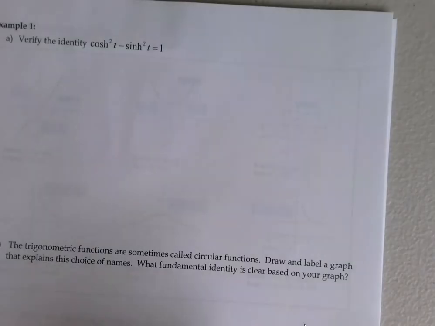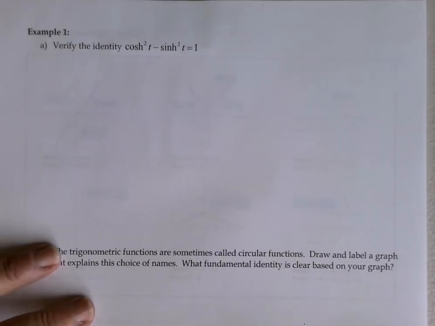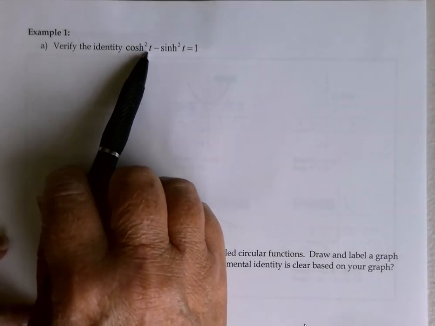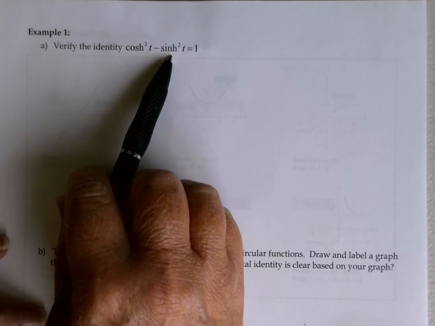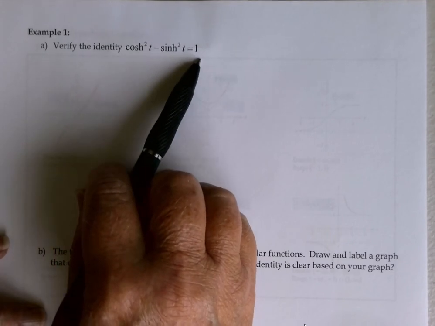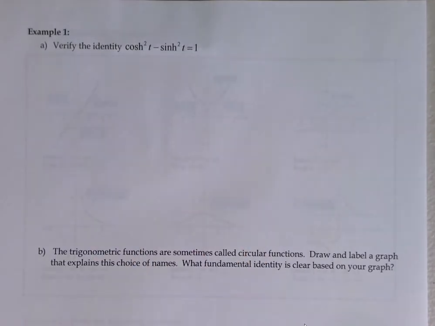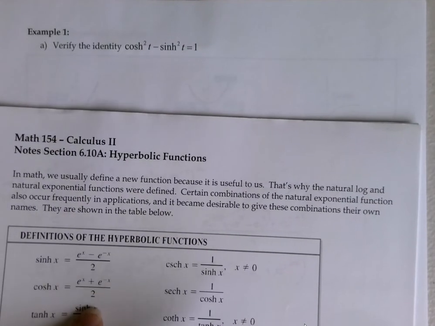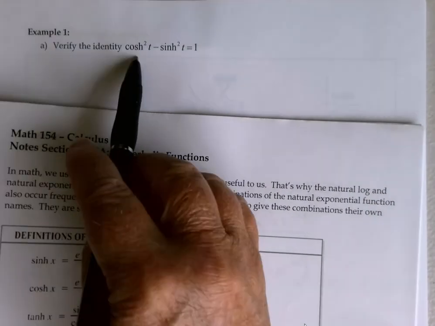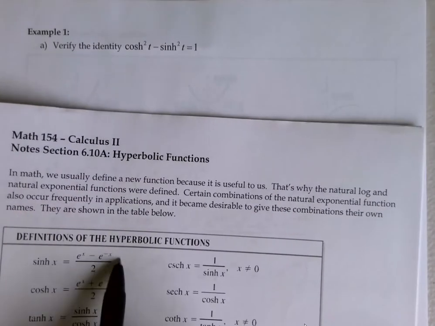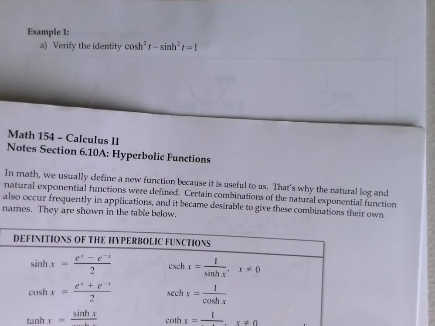So let's do one for starters. I'd like to verify the hyperbolic identity cosh squared t minus sinh squared t equals 1. I'm going to start by saying, well, really right now all I know is the definitions. So I'm going to go back to these, and I'm just going to put in cosh of t and square it minus sinh of t and square that.